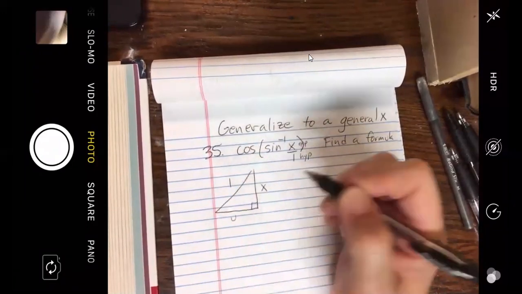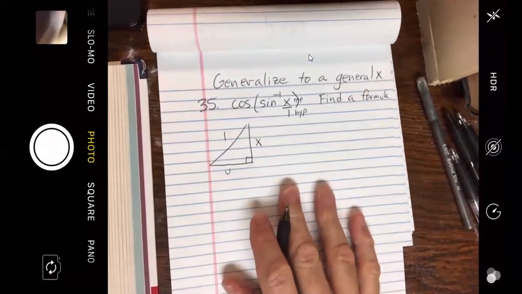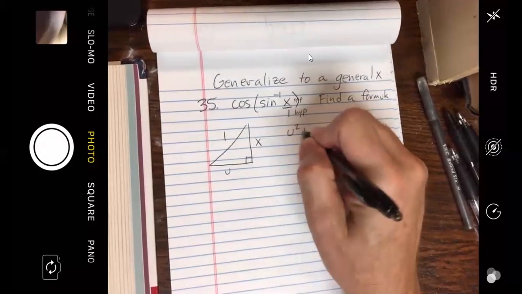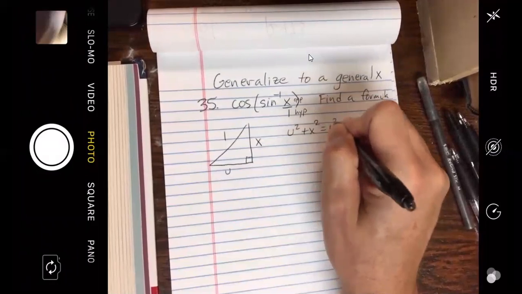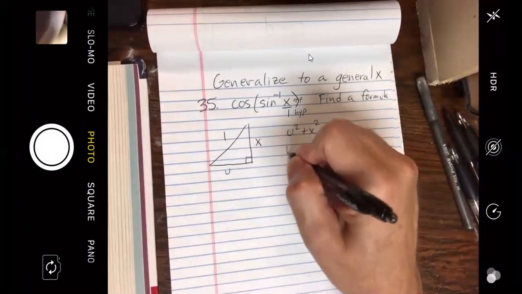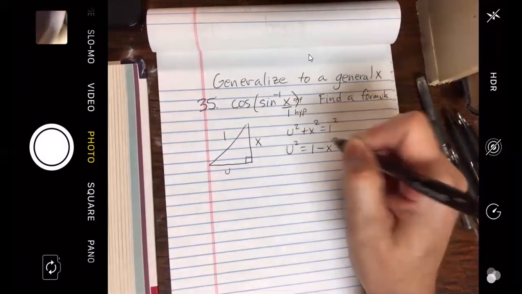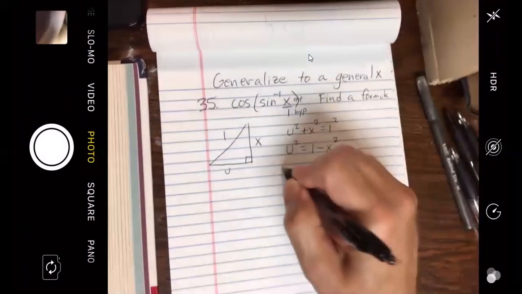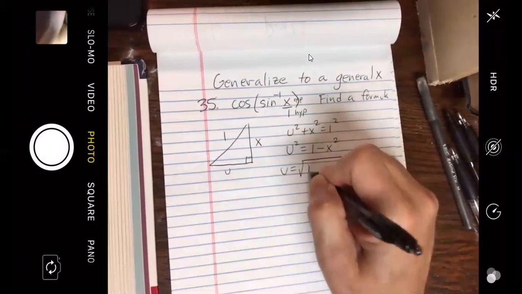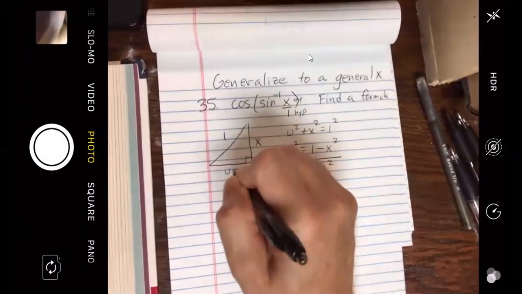So we can call this leg U, just use a different letter. U squared plus x squared equals 1 squared. U squared then is 1 minus x squared. 1 squared is still 1. Subtract the x squared over. U is then the square root of 1 minus x squared.